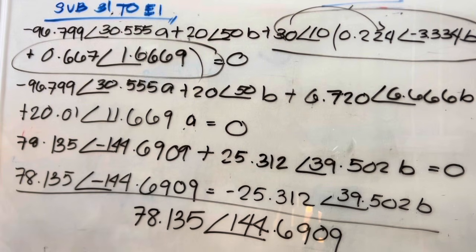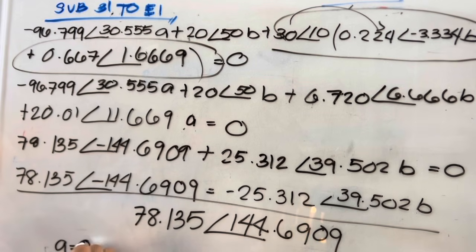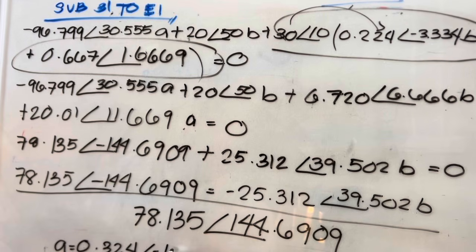Alright? Therefore, we get the answer of A is equal to 0.324 angle of negative 123.808. Alright, we have the value of A. This will become our equation 5 prime. Okay, equation 5 prime.